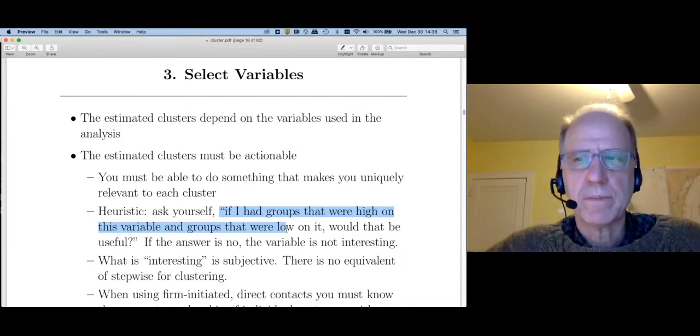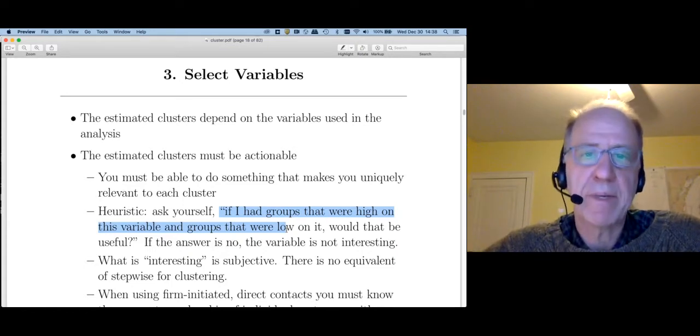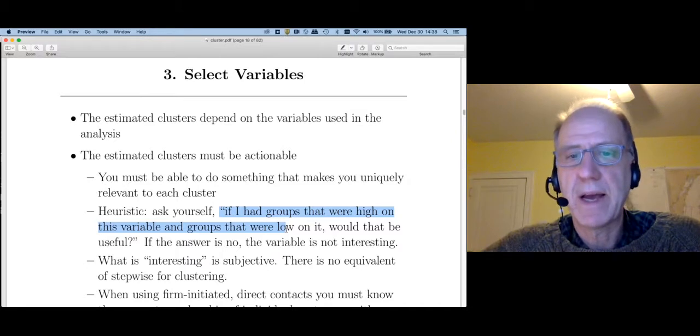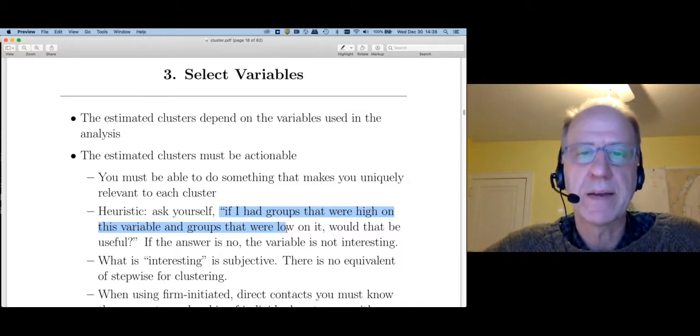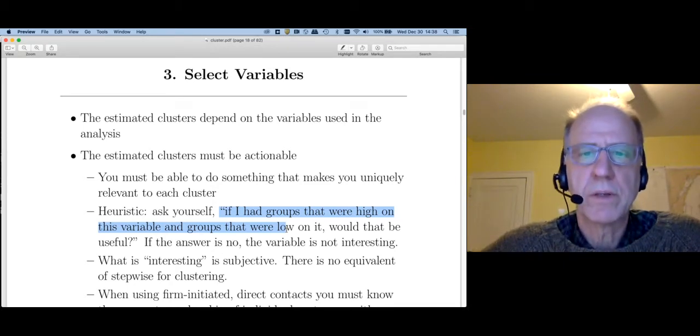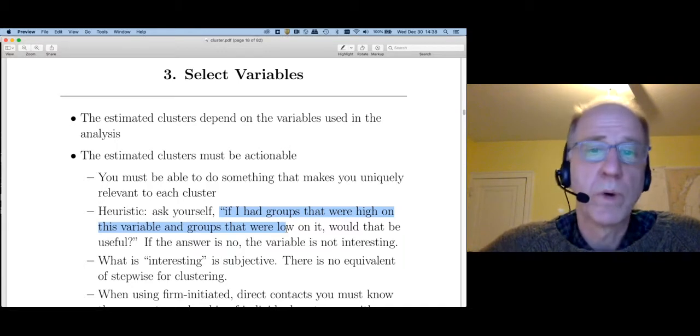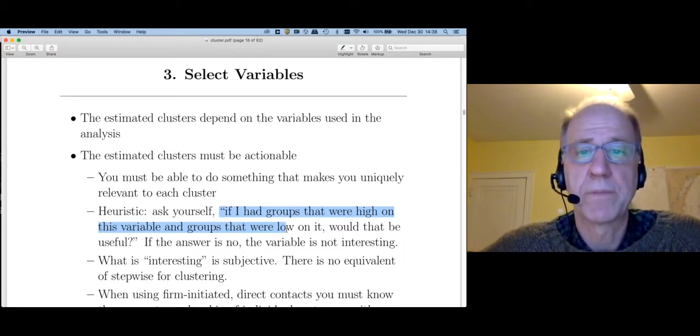But what if you're a zookeeper and you're trying to design habitats? I need to put different species together into a habitat that makes sense. Well, if that's your objective, if that's what's actionable, you wouldn't want to put mice and whales in the same habitat.